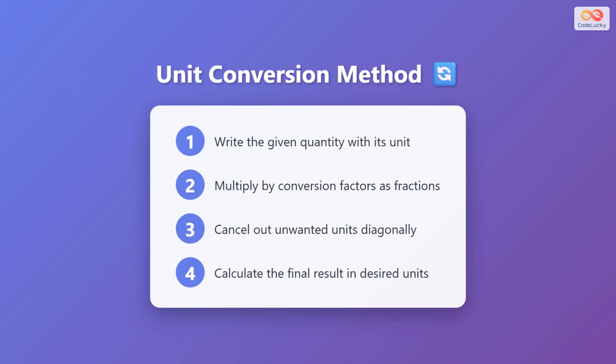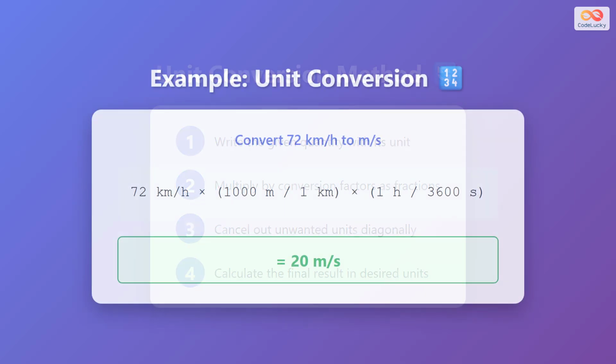Fourth, calculate the final numerical result in your desired units. This method ensures that units are tracked throughout the calculation, preventing common errors. By treating units as algebraic quantities that can be multiplied and canceled, dimensional analysis makes unit conversion straightforward and reliable.